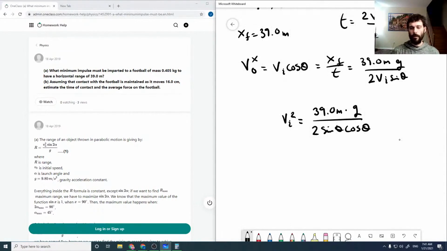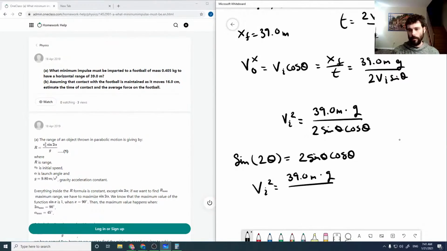Now if we recall, the sine of 2 theta is 2 sine theta cos theta. So then we can say that vi squared is 39.0 meters times g over the sine of 2 theta.